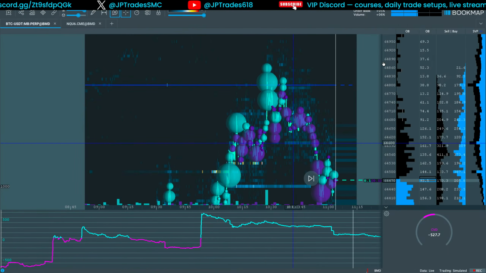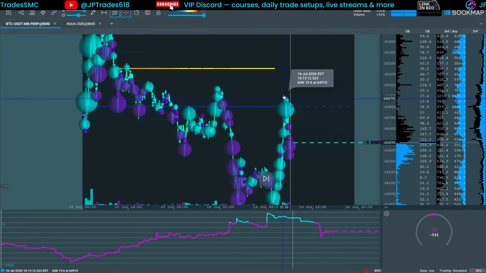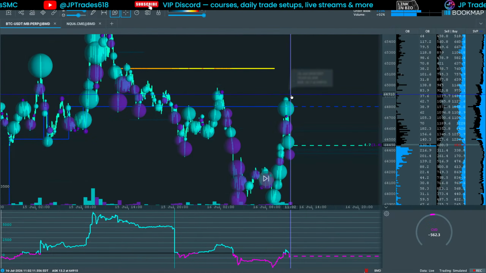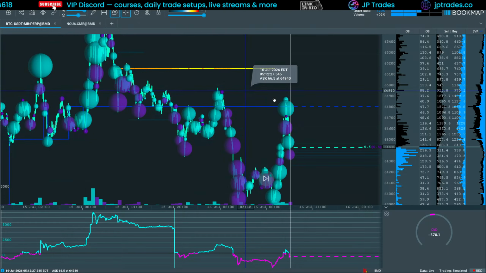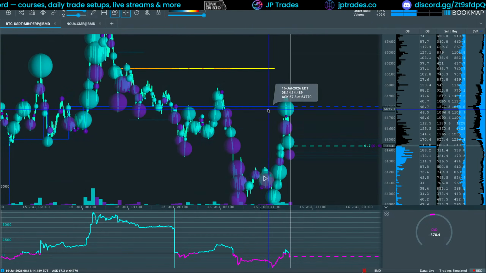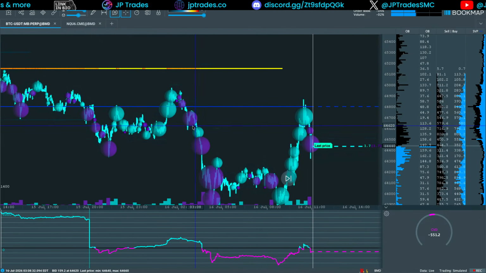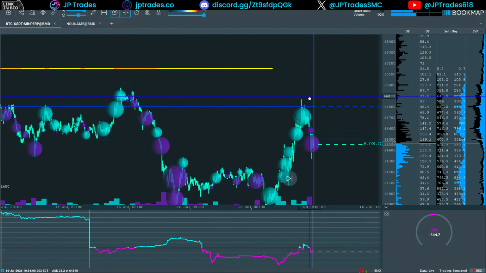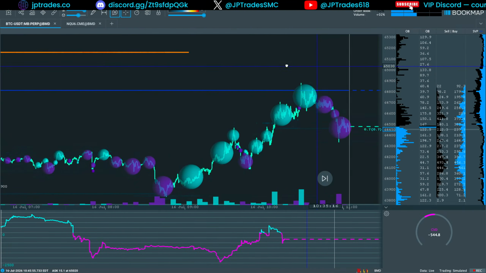However, on stuff like this, it's just a pullback. So I also want to look for the sweeping divergences as well. We didn't really even get that either. And no, I'm not going to take that internal divergence there either. I personally don't like those. That's just me though. You did get that, sure, but I don't like it.